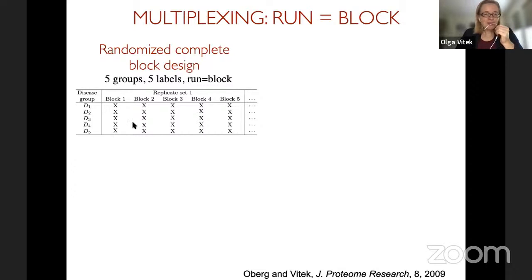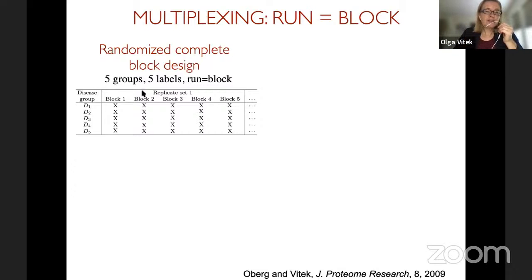With more replicates, we have another mixture, which will have one biological replicate from each group, and so on. This is called a randomized complete block design. It is randomized because we randomly select biological replicates in each mixture. It's complete because each disease group is represented in each mixture, in each block. So these designs are very effective.